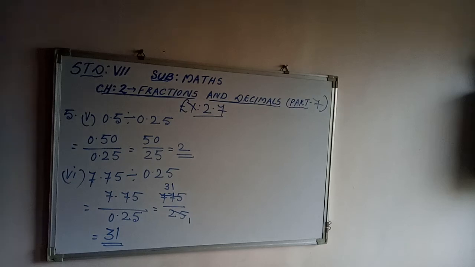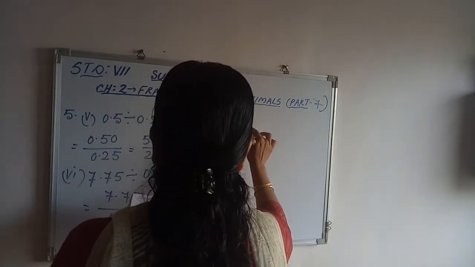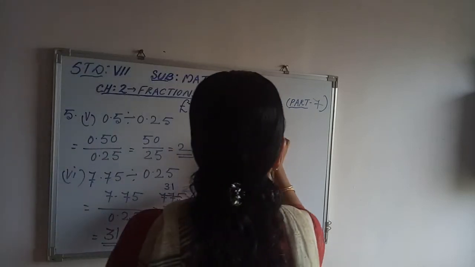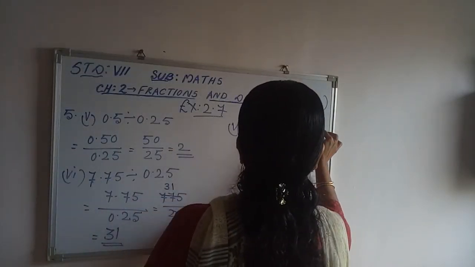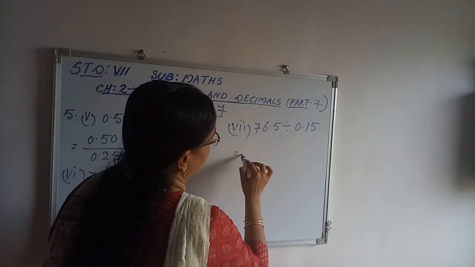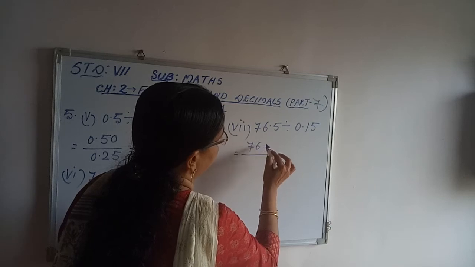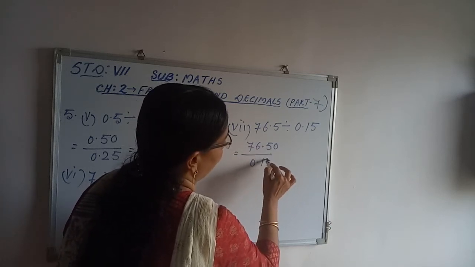Yes. Now the seventh one. Question 7. 76.5 divided by 0.15. See here, the dividend has only 1 decimal place. That can be written as 76.50 upon 0.15.